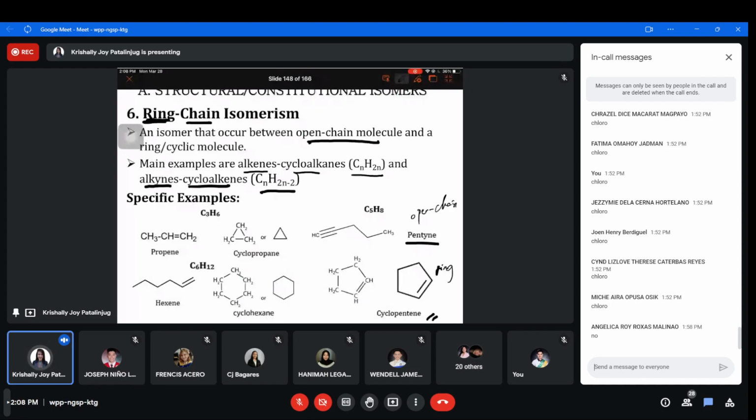Ring chain isomerism between alkenes, cycloalkanes, alkynes, cycloalkenes. Ang tautomerism between a ketone and an enol. Ang metamerism, ethers, thioethers, sulfides, thiosulfides.